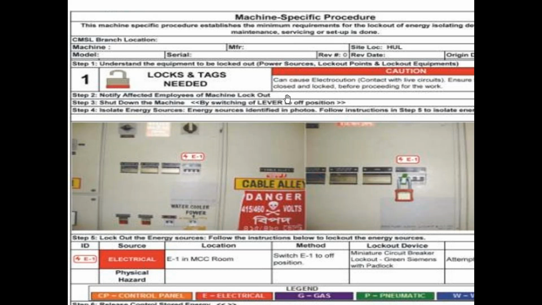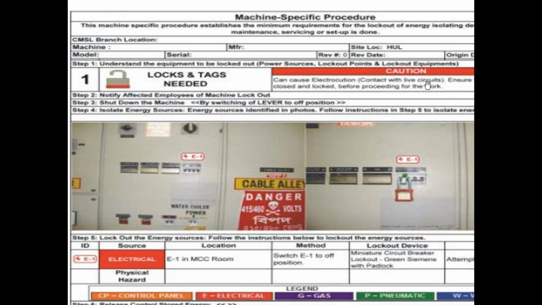Then step one is the locks and tags needed. So which types of locks, which types of tags are needed, that is one of the essential tasks that should be identified by the authorized persons. Then what exactly the caution is, so it can cause electrocution, that is contact with the live circuit, that is one of the main hazards for this particular type of machine.